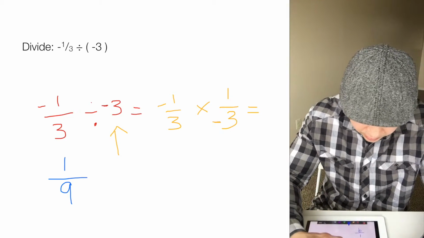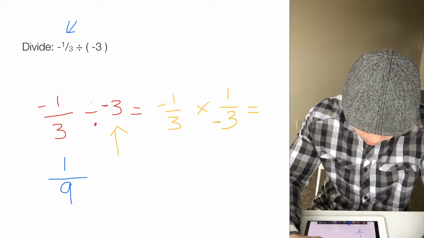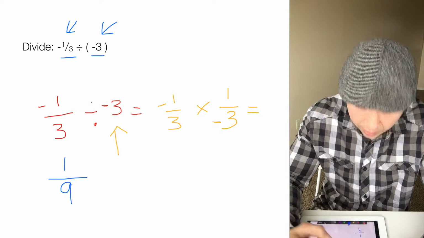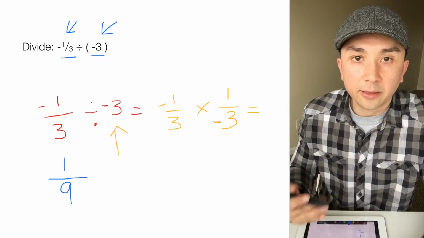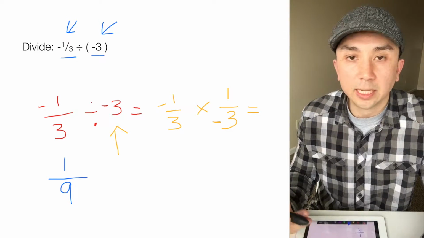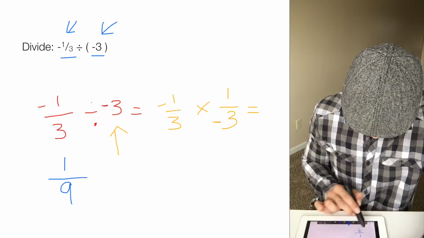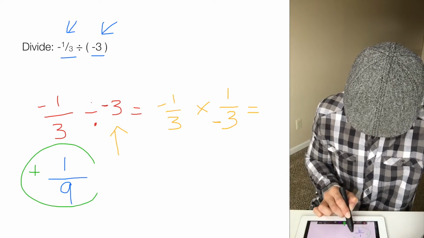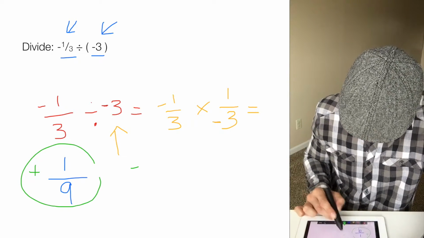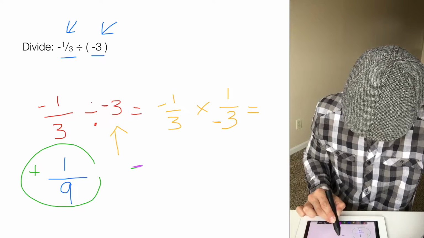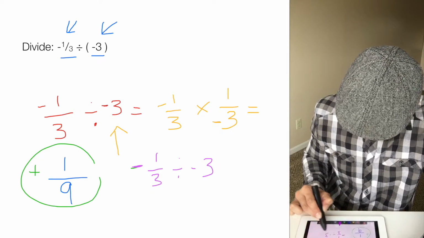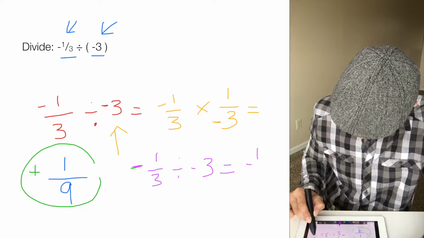Because the two numbers have the same sign, our quotient is going to be positive. So we're going to have a positive 1/9. So negative 1/3 divided by negative 3 equals 1/9.